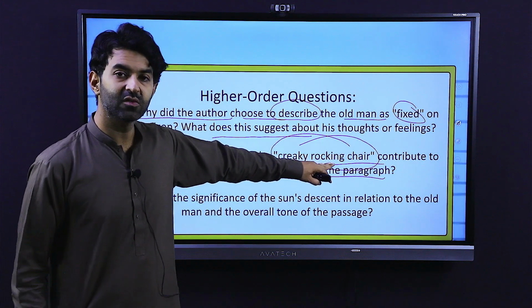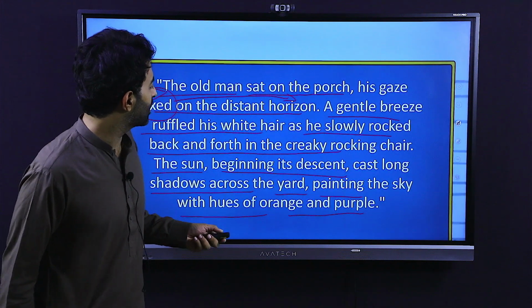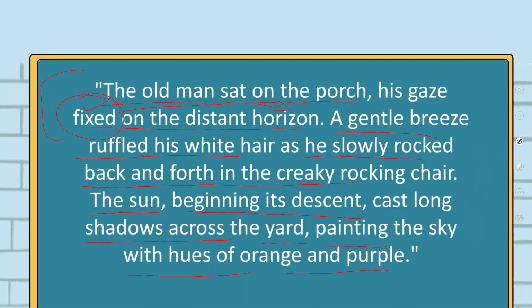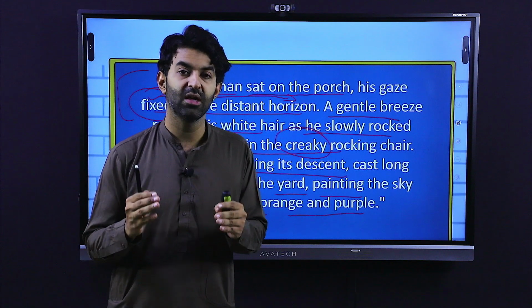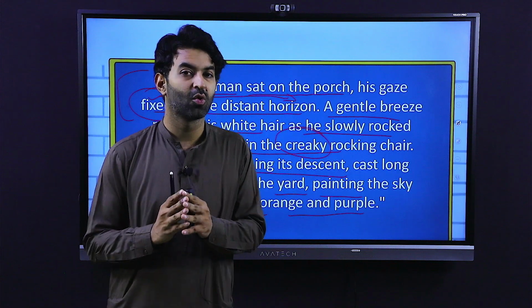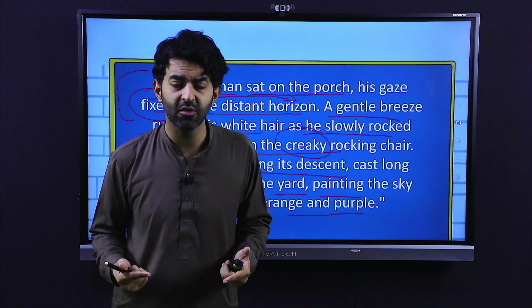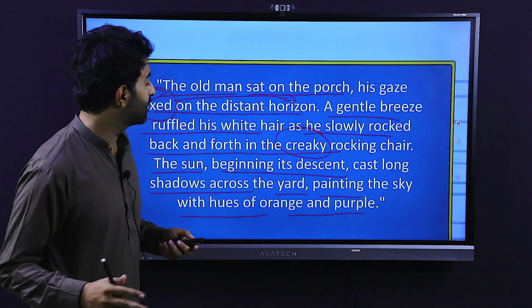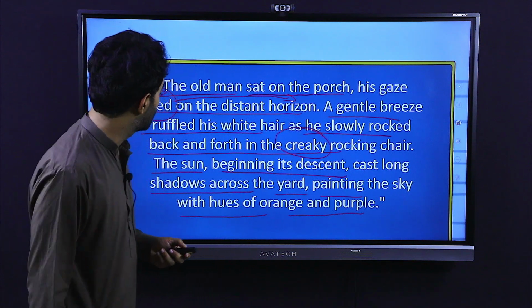Now, rocking means the chair is moving back and forth. Now, what do you think about a creaky rocking chair? It means it is representing that the old man is living in a situation where he has this kind of furniture, he's alone, no time to fix it, he is all by himself, there's nobody beside him, etc. You can come up with your answers and your interpretations.